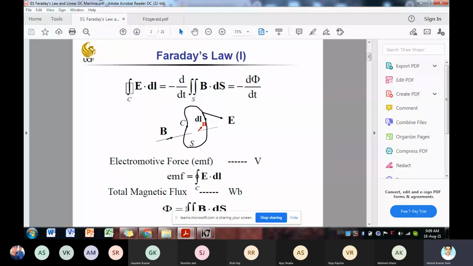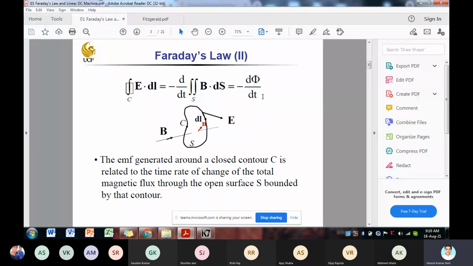Flux is given by the double integral of B dot dS, and EMF is equal to the integral of E dot dl. So actually this is the same as here.